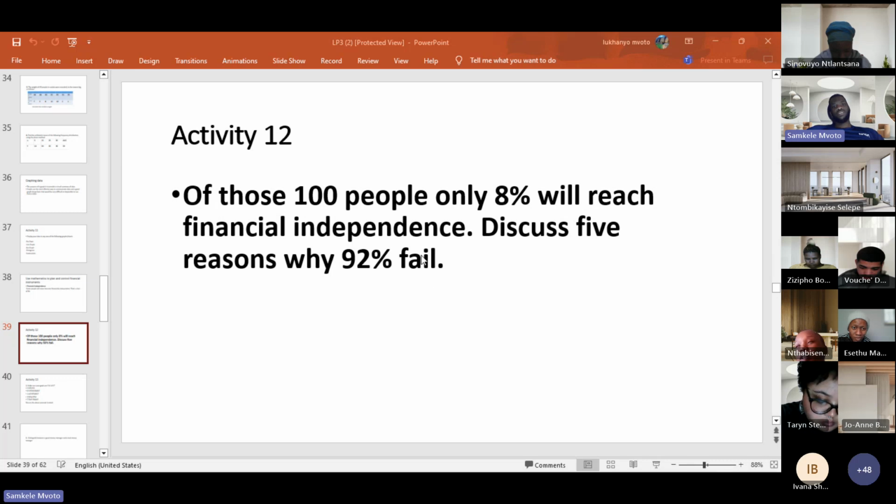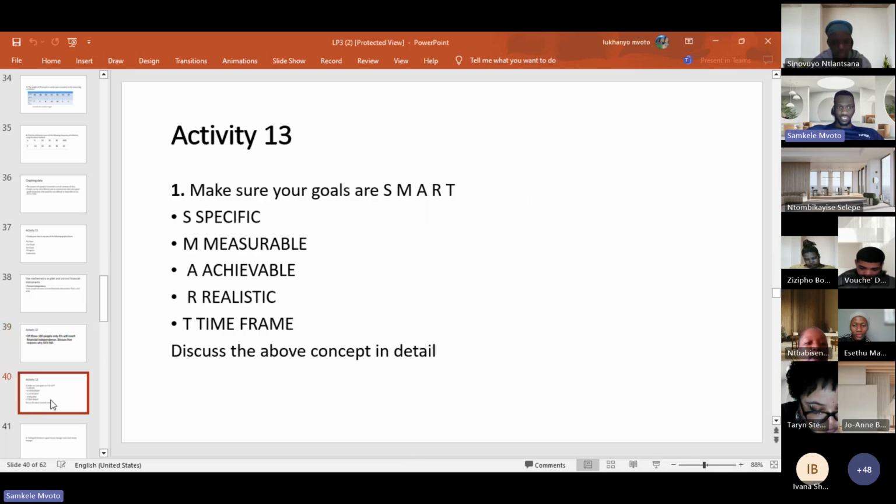You can go and double check the answers there, and you can also go to the internet and ask Google. I think that's it for activity 12. What else? Activity 13.